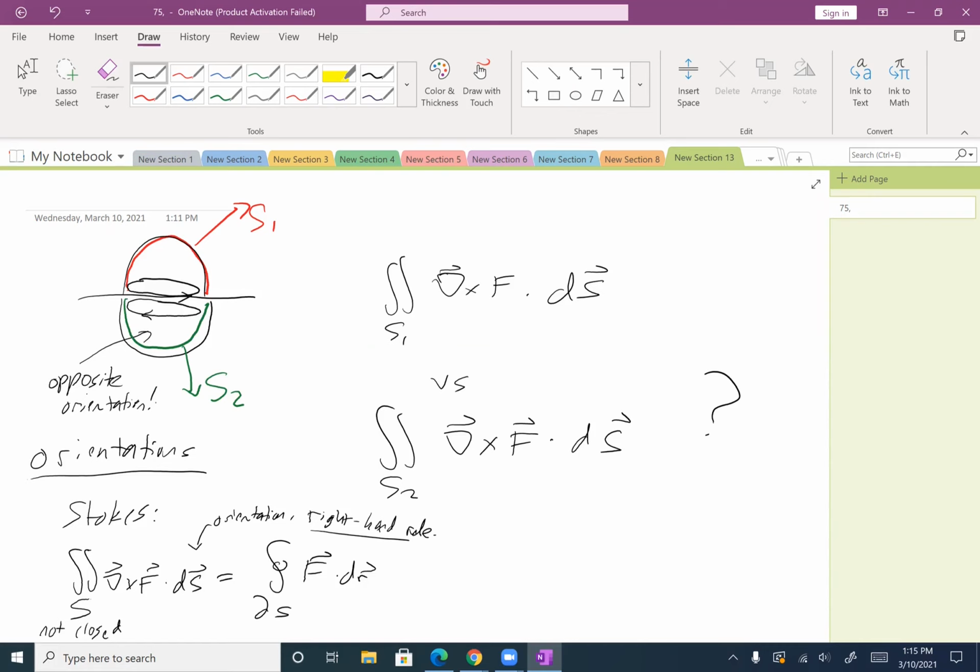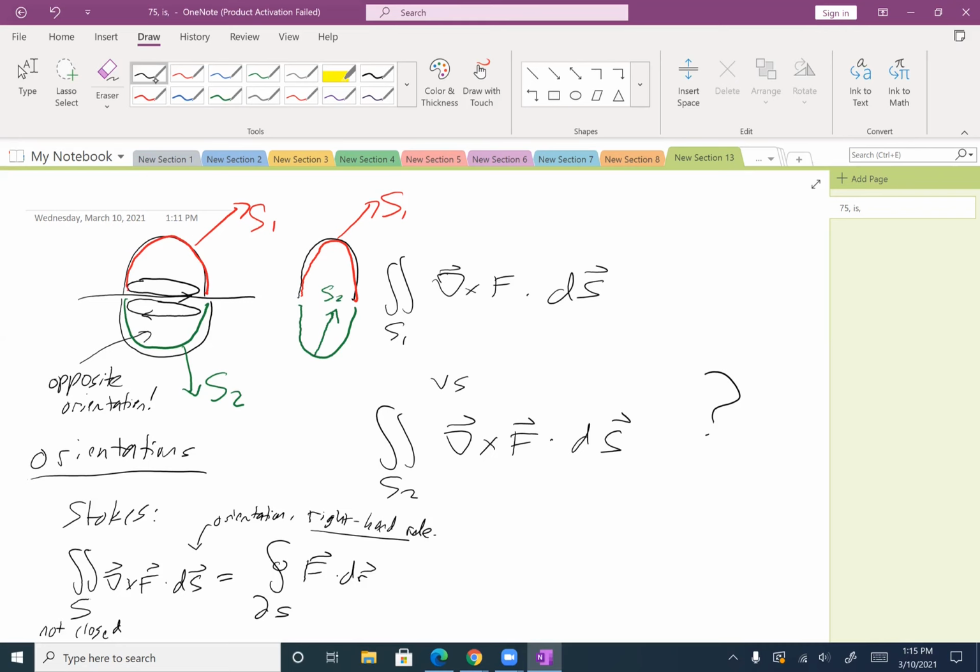But to clarify how it actually connects to S1, let's suppose for the moment that it had the correct orientation. So I'm going to redraw S1 and S2, but with the correct orientation. Not that this is incorrect. It's just the orientation that we want it to be. So we'll do up again for Stokes theorem purposes.